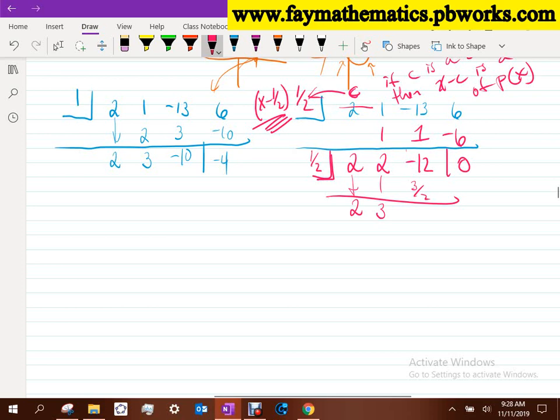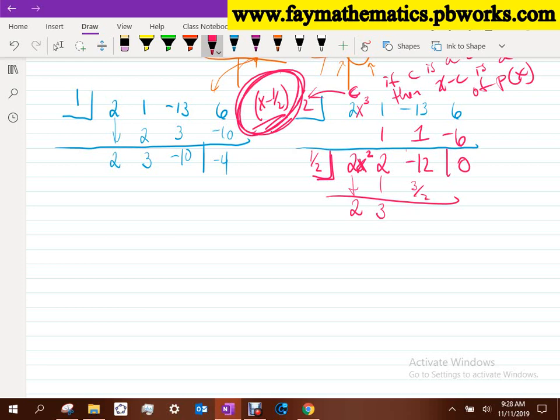This was 2x to the third, right? When I divided by x minus 1/2, what does this exponent right here become? X squared. Okay? Do you have a better way of finding the factors of 2x squared plus 2x minus 12 than using that list of P over Q's?